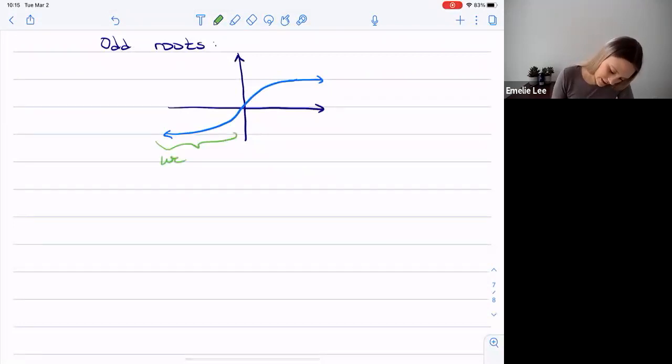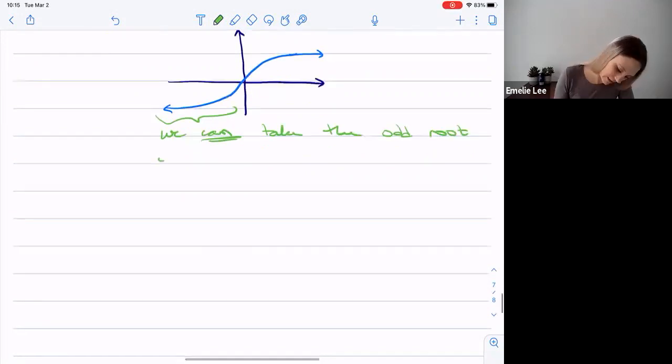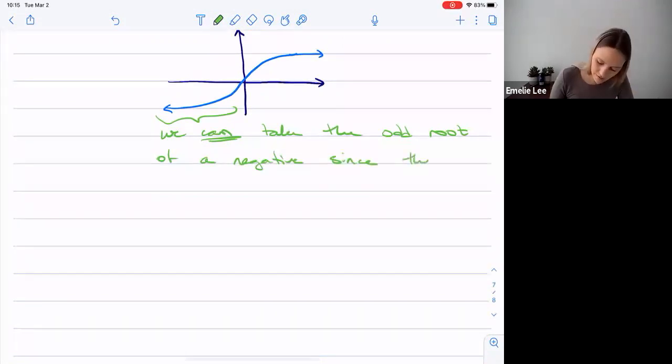right, we can take the odd root of a negative, since the graph exists for all values of x.